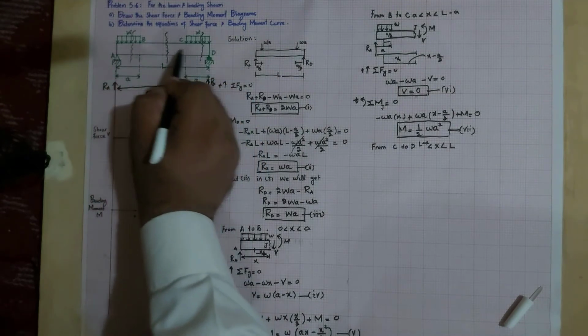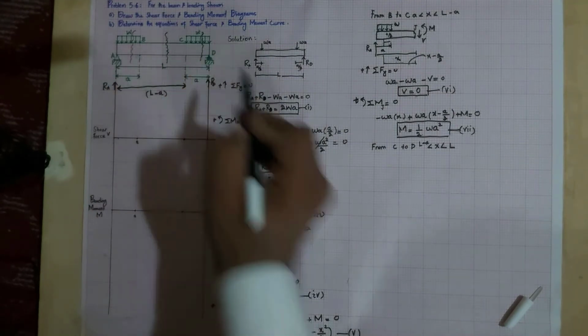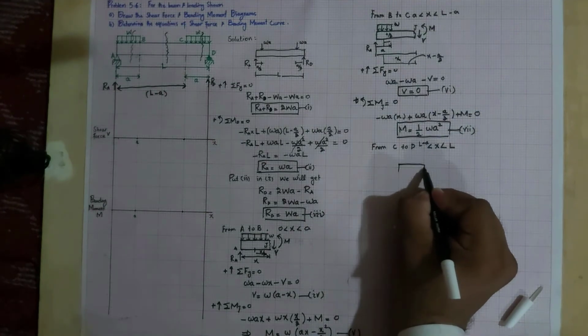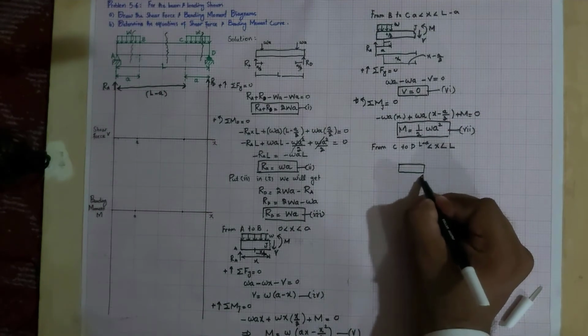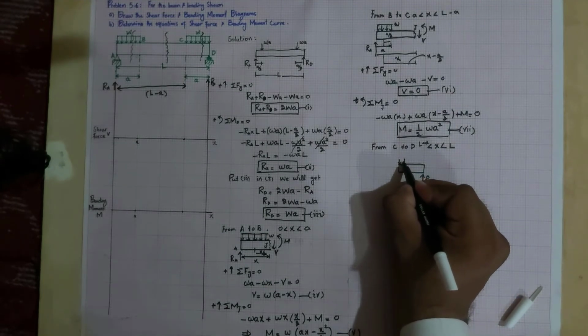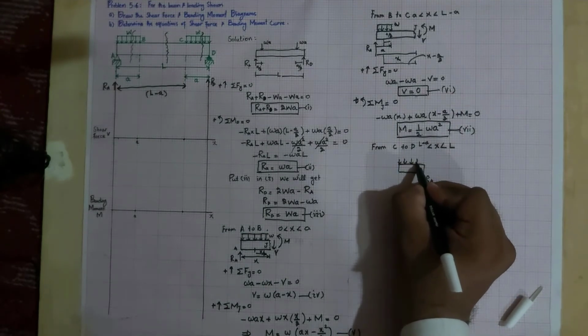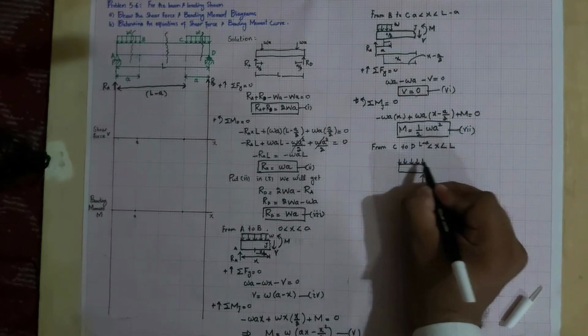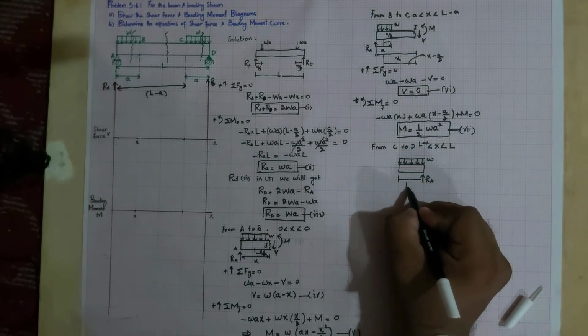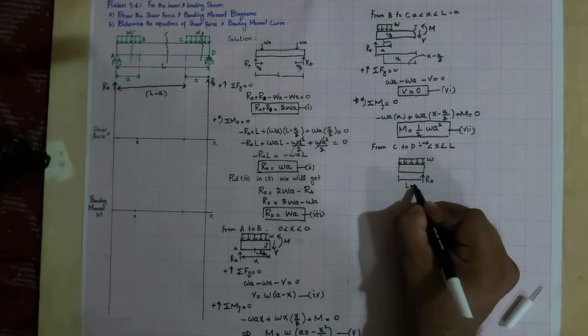You can also take it, but we will analyze this remaining portion. So if I draw this, this is the reaction force RD, and this is the uniformly distributed load over here, that is omega. This distance was L minus X.